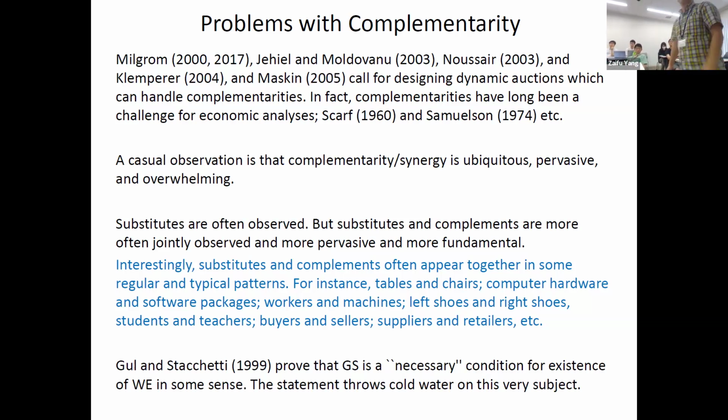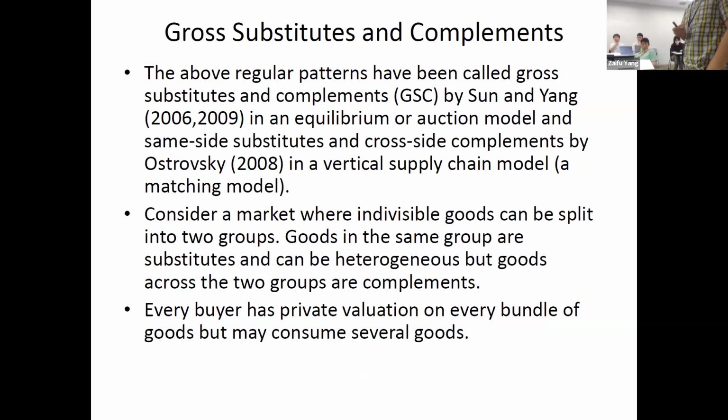This also has some negative impact on the study of complementarities. So these patterns, we call them cross substitutes and complements, in the equilibrium model or auction model.